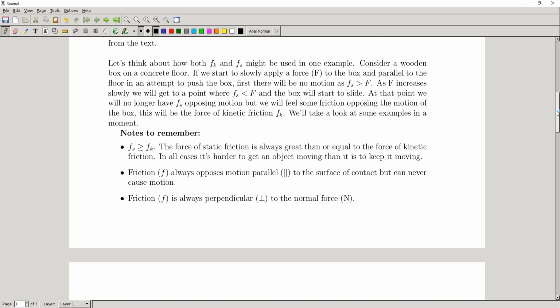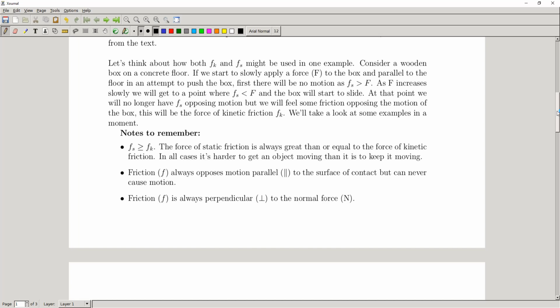As soon as we get the object moving, because we've applied some force large enough that it's greater than the force of static friction, if that force continues to be applied to the object, it's going to start to accelerate, right? And it's going to continue to accelerate because we know that the force of static friction for any normal system that we're going to run into is going to be greater than the force of kinetic friction.